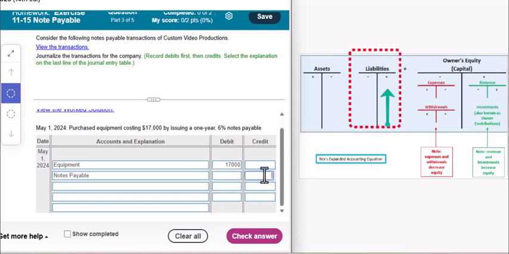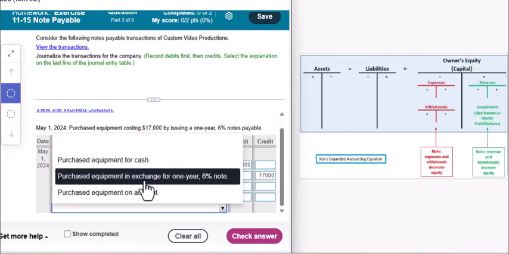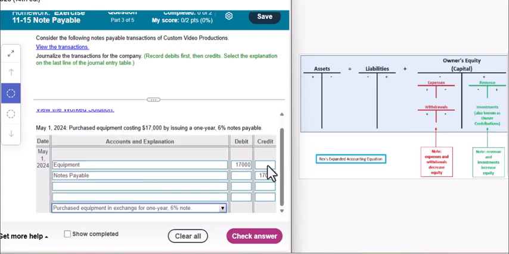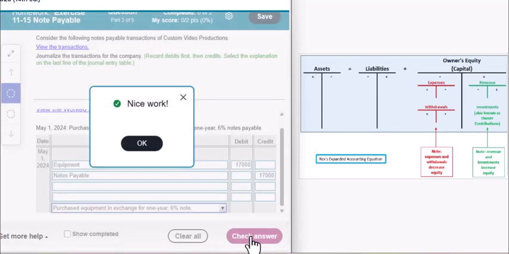We'll input 17,000 there to balance the transaction. Then "purchase equipment in exchange for a 1-year 6% note" will be our explanation at the bottom. Then we can check our answer. Nice work.